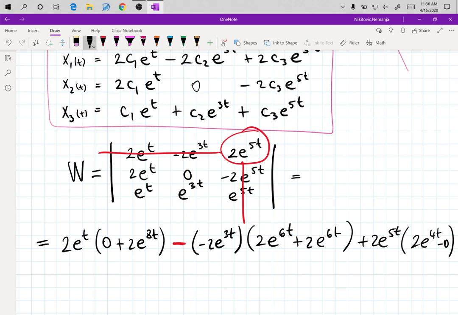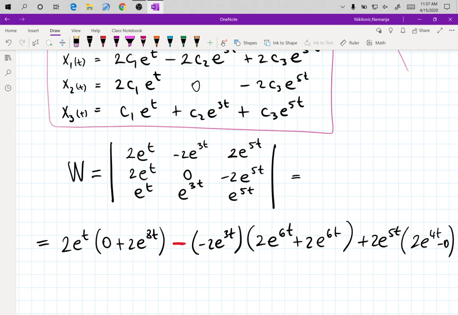All we need to do is to put all of this stuff together. Now, if you carefully look at the exponents, they're all going to be 9t. And because they're all 9t, we don't have to take derivatives here, because we already have multiple rows.